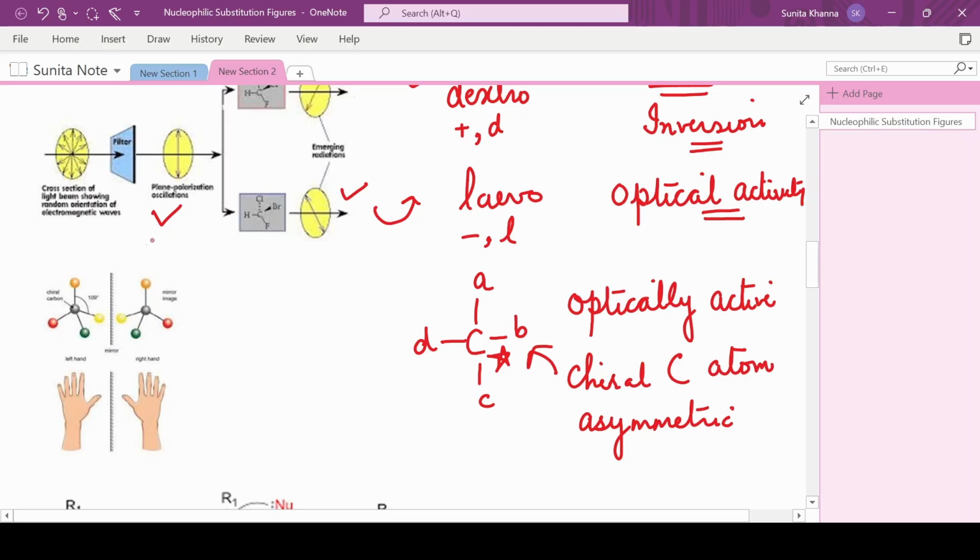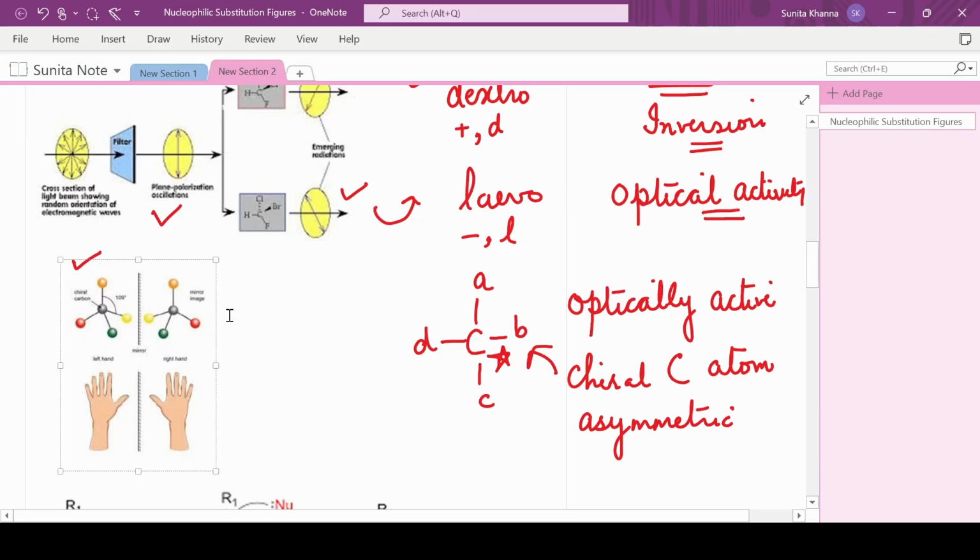You can see the figure here. This is the carbon atom and all 4 groups are different. All these 4 groups which are satisfying its valency are different from each other.